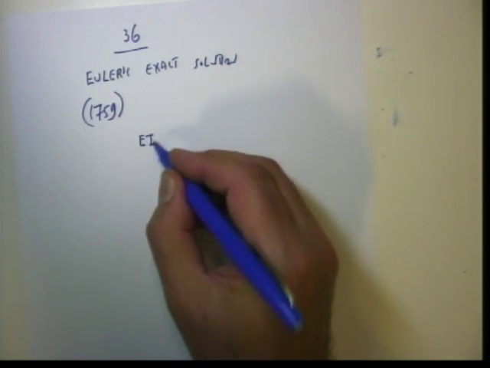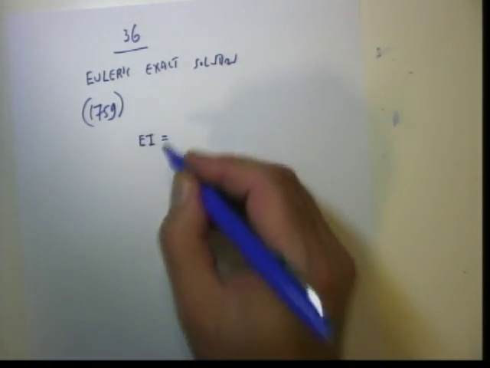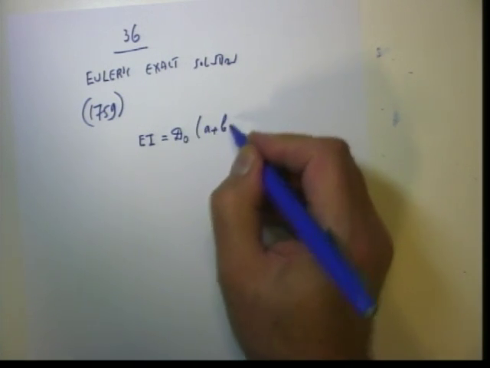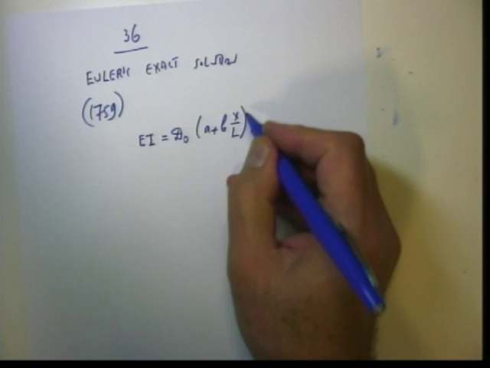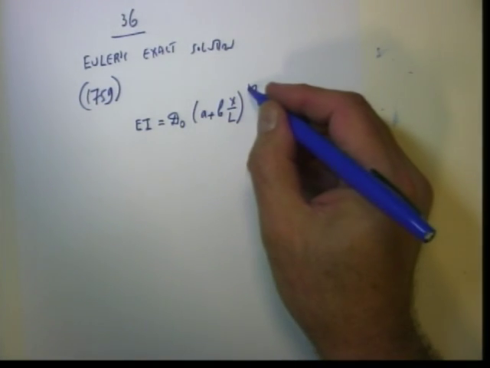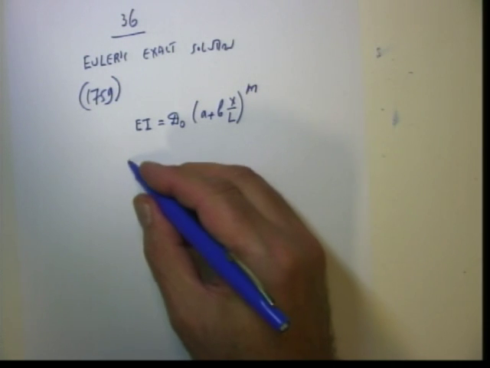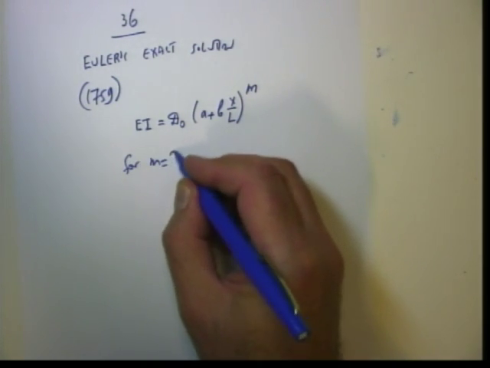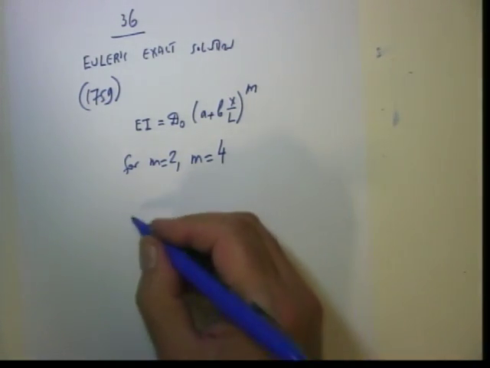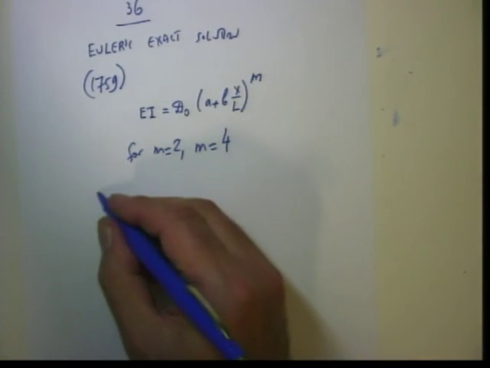If EI is a function like this, d sub 0 times (a plus b x over L) to the power m, imagine this is the problem. Then for m equals 2 and m equals 4, buckling load, I mean this is buckling.